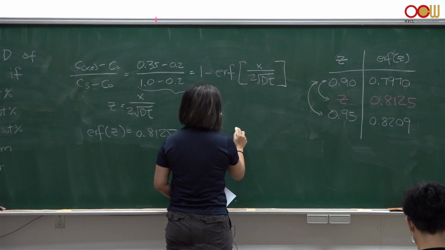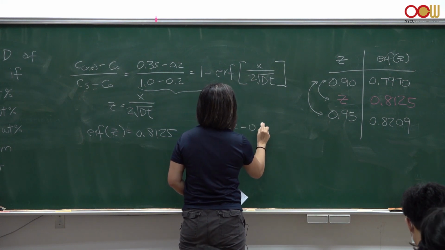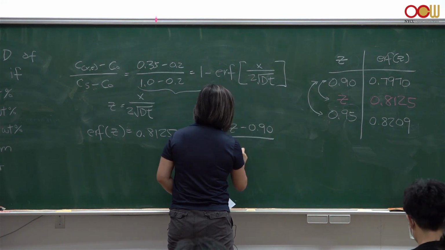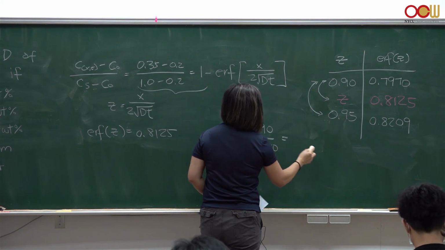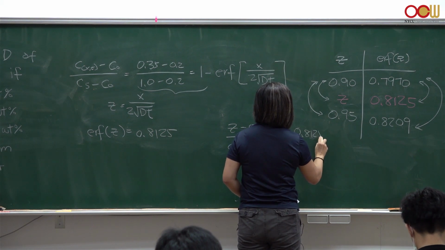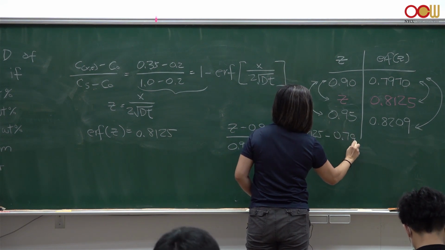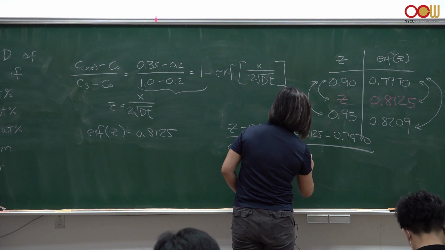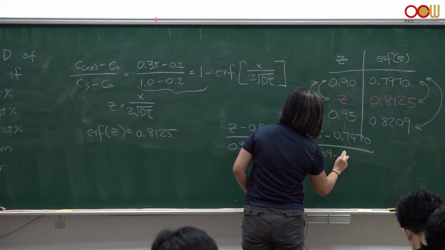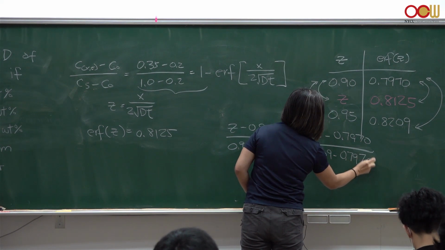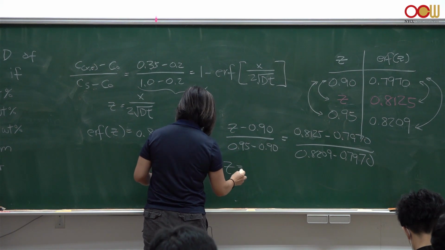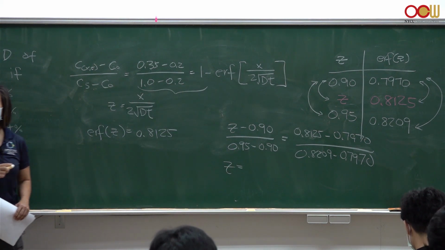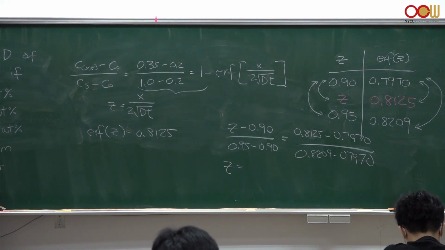So what we're doing is (z minus 0.90)/(0.95 minus 0.90) is equal to (0.8125 minus 0.7970)/(0.8209 minus 0.7970). And then if you do the math, you'll find out that z is equal to, anyone calculate that? What did you get for z? Anyone have a number? Yes.